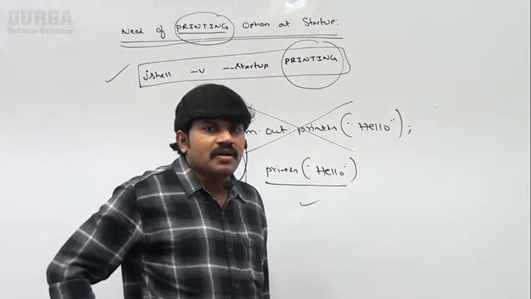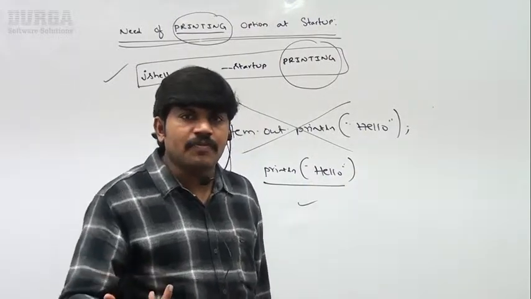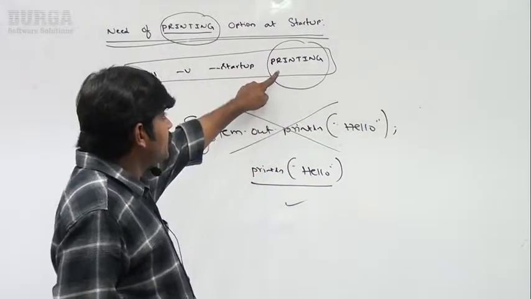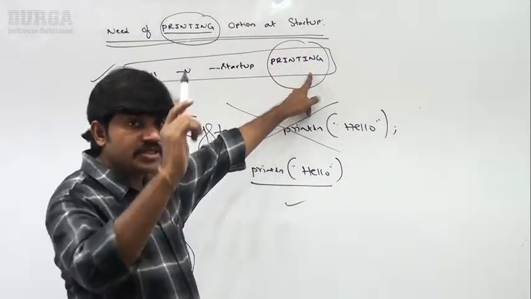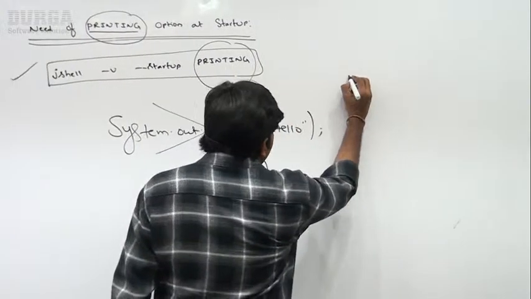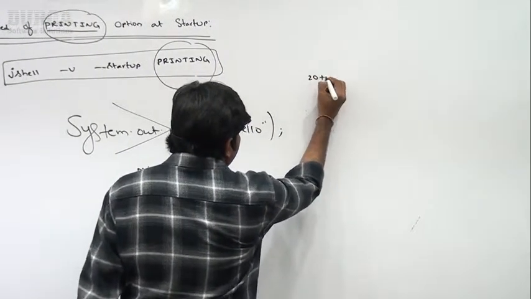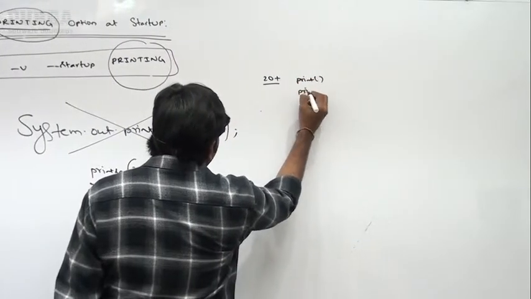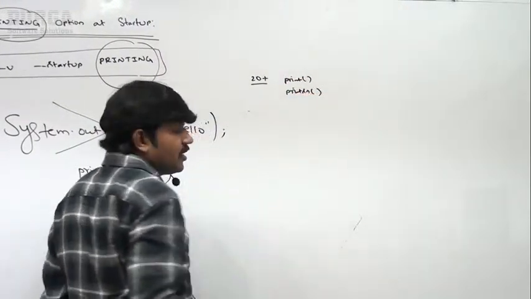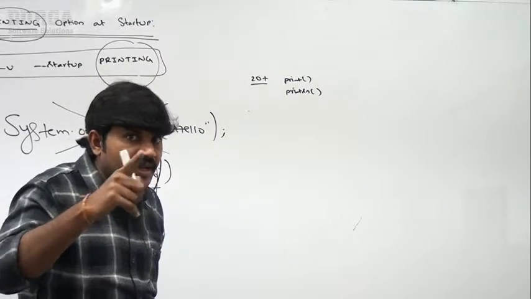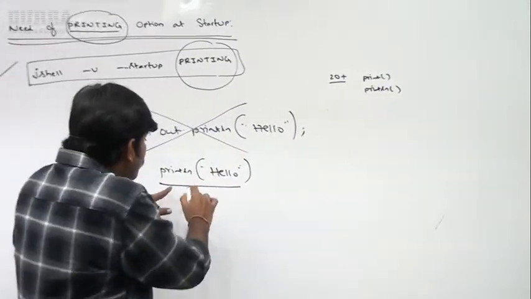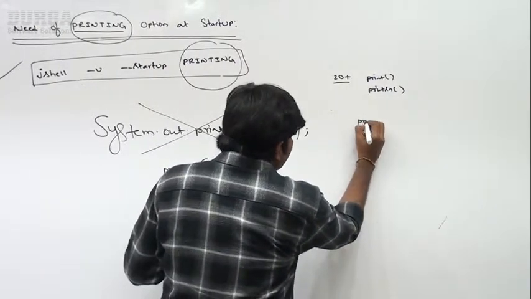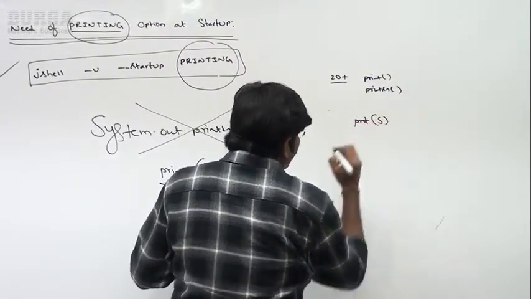Then immediately we ask, sir, what is happening? How is this shortcut available? Very simple. If you are using the printing option, JSL is going to provide around 20 plus print and println methods. Now if you are taking print of hello, print of string is going to execute.